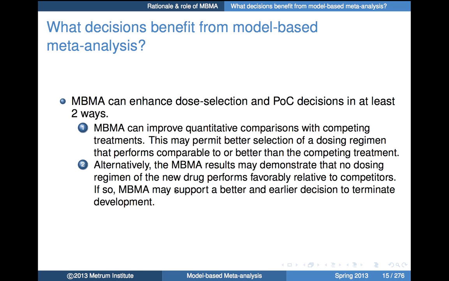Alternatively, those modeling results may actually demonstrate that no dosage regimen for your new drug compares favorably relative to the comparators, and in those cases, it may provide you a basis for making a more precise and an earlier decision to terminate development and move your resources to where they're better used.